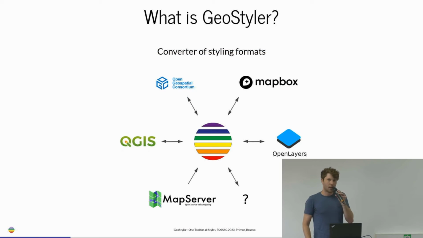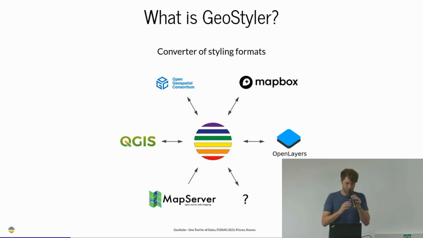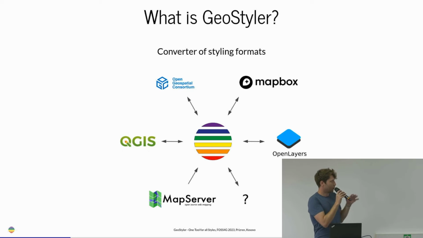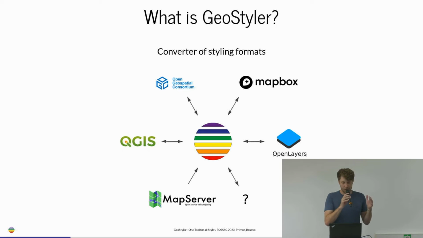As I said before, GeoStyler is not just an editor, but it's also a converter between different styling formats. So how did we achieve that? We started with the need of supporting OpenLayers styles and SLD. And so we thought, okay, we might be able to convert between these different formats, but as soon as there will be more formats, the complexity increases very strongly.